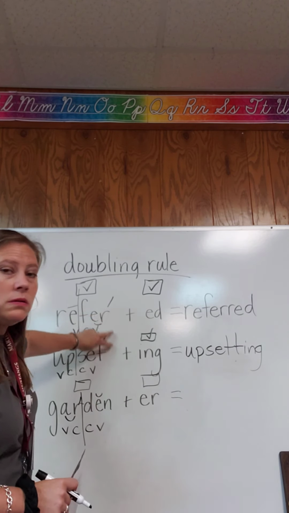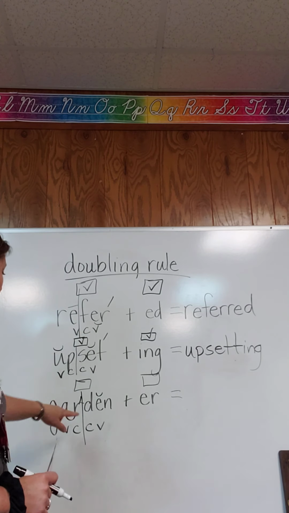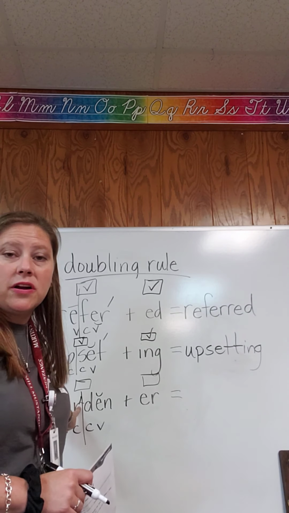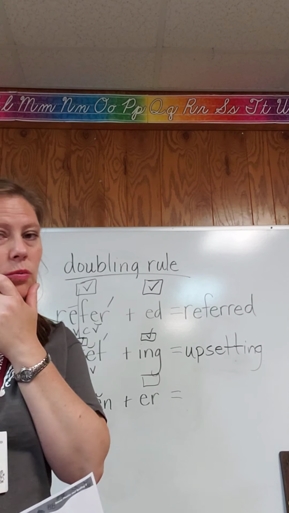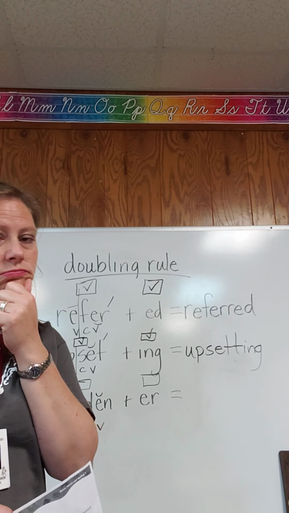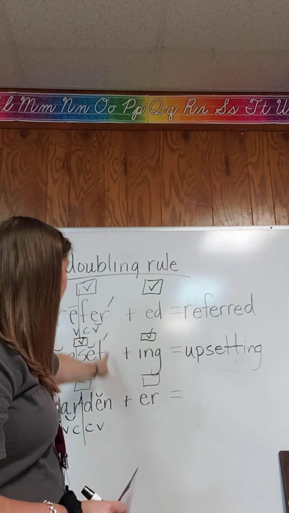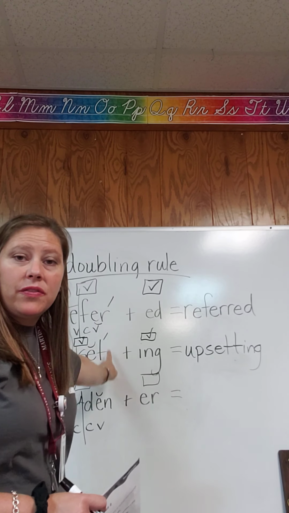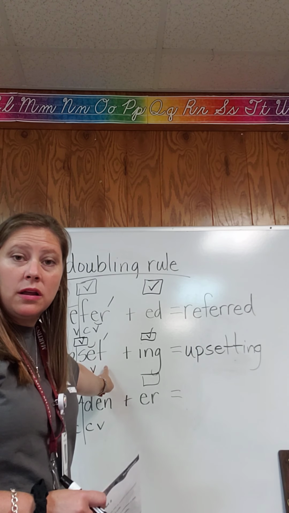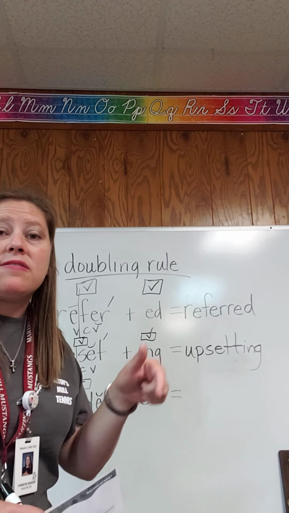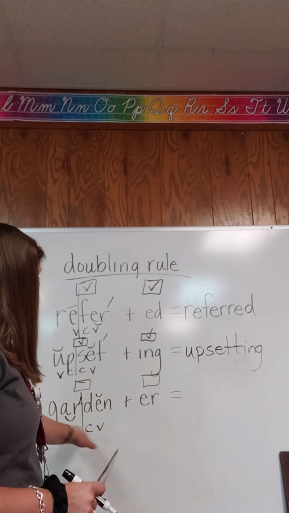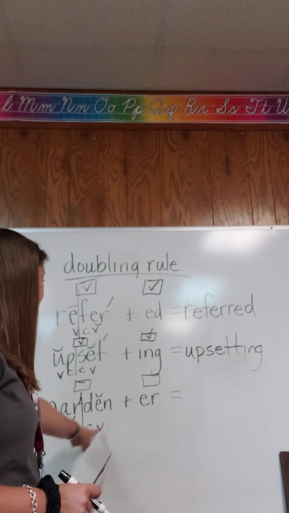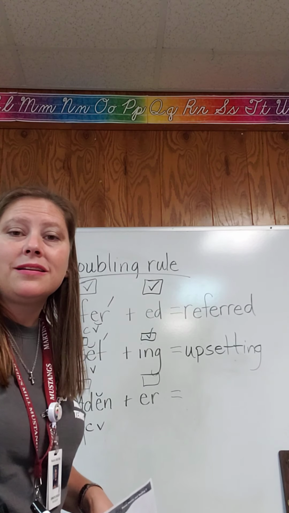These 2, accent is on the second syllable. This one, accent is on the first. So does that match our rule? No, it doesn't, because remember, the accent has to be on the last syllable of the word plus have that vowel consonant. This one has the vowel consonant, but is that the part that's accented?